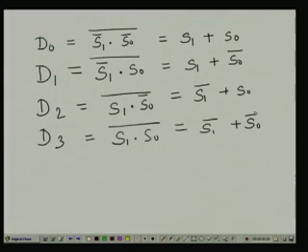Another thing, for D0 the input variables were complemented, whereas here the input variables become uncomplemented, so we are getting a total reversal. For the active high decoder the input variables were uncomplemented and ANDed, whereas for the active low decoder the input lines are complemented and the AND becomes OR. So, this is the situation.